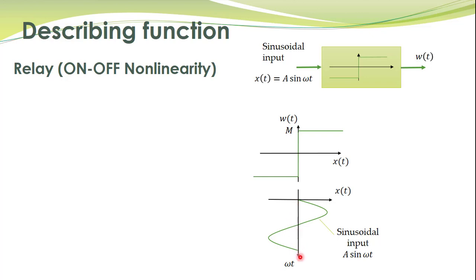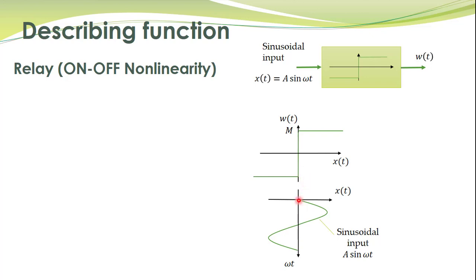Here the time axis is downwards. This downwards is the time axis, and here this axis is the amplitude of this sinusoid. So we have applied this sinusoid as input to this nonlinearity. What is the output signal? Square wave.